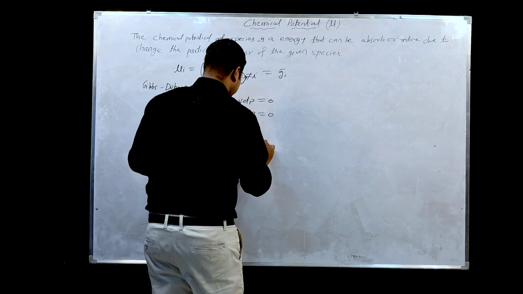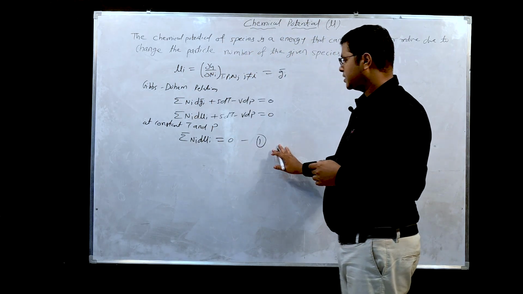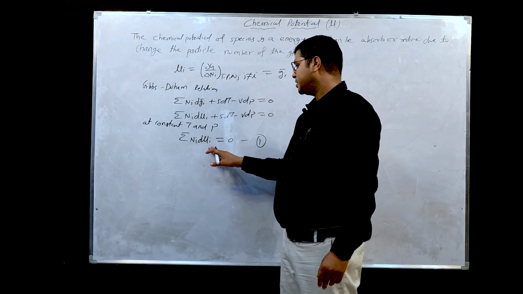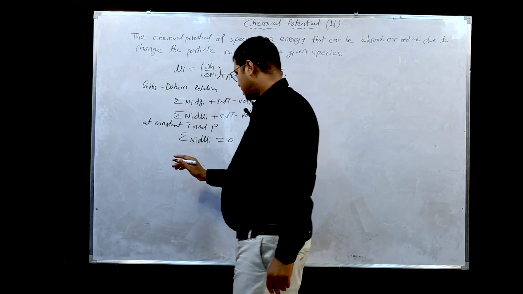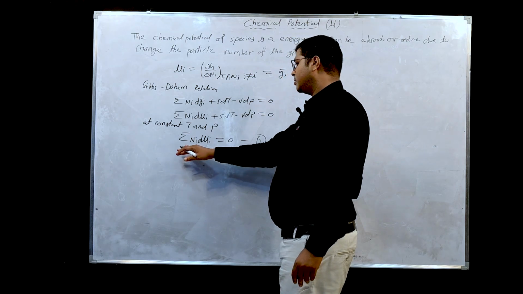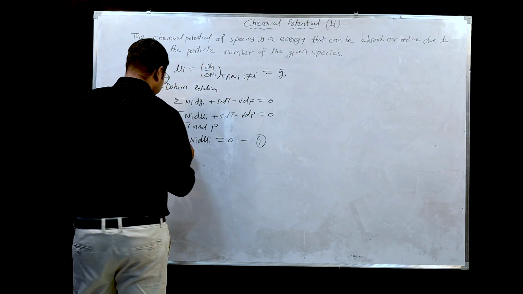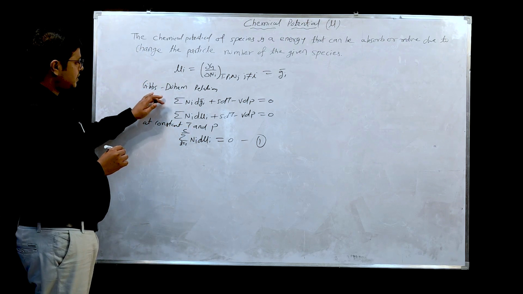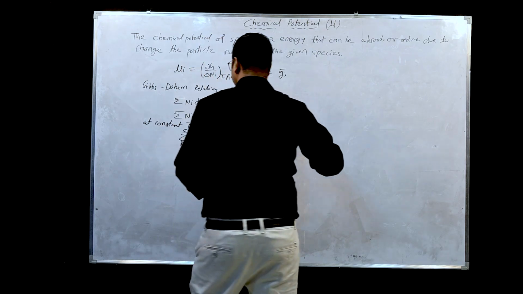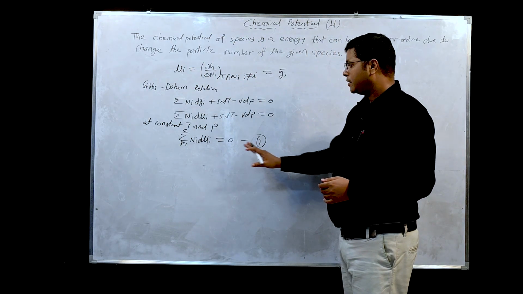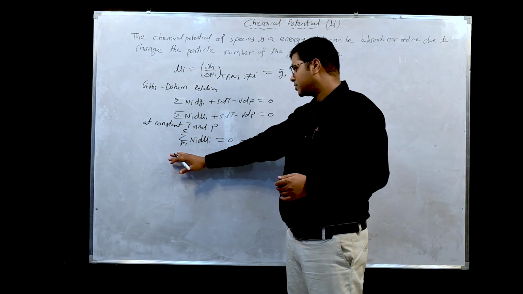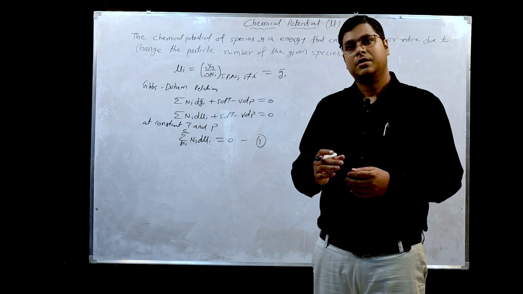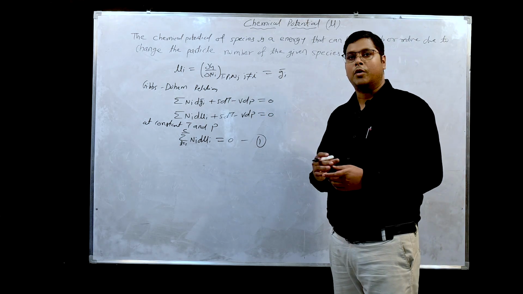This is the relation where we can see the multiplication of number of moles of components and change in chemical potential, and the summation of all of this goes to 0, where i goes from 1 to C. In all cases, i goes from 1 to C. This is the relation we use for the further calculation of numerical problems.